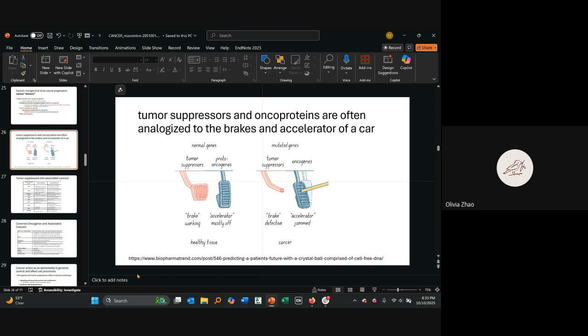But when they are defective, typically they might be responsible for apoptosis or that sort of thing. When they're defective, the cells can continue to proliferate. And then oncogenes are more of the cell proliferation itself. They cause cell growth to happen. And so when they are, again, defective, it's like overgrowth, if that's right.